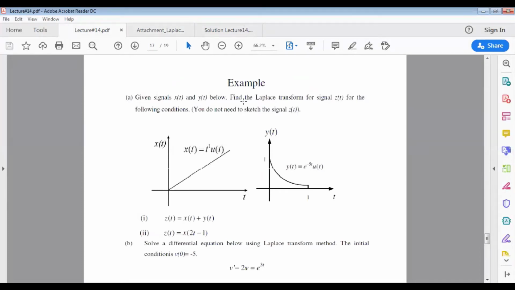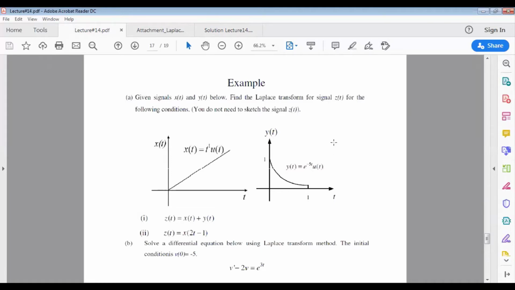We are given this example. We have two signals x(t) and y(t), where x(t) equals t u(t), a ramp function, while y(t) is the decaying exponential e to the power of negative 5t times u(t).